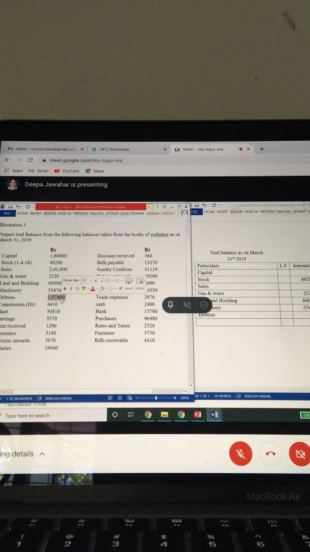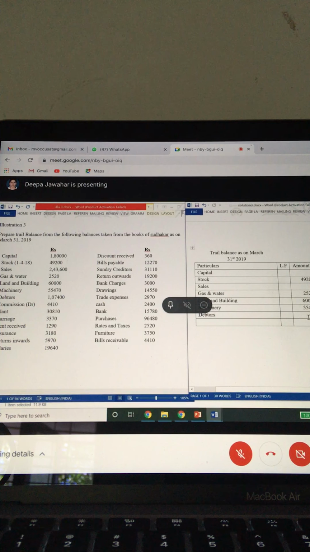Debtors are liable to pay the money to the company. Anyway, you will get the money in the future. So definitely it's an asset. It comes under the debit side and the asset side of the balance sheet.